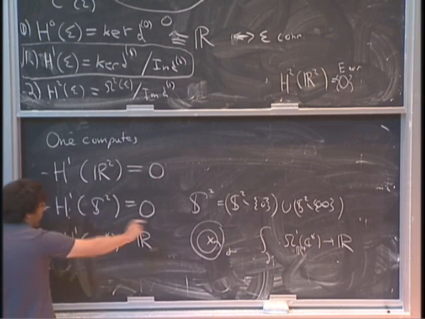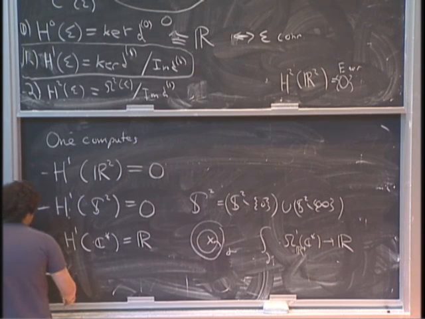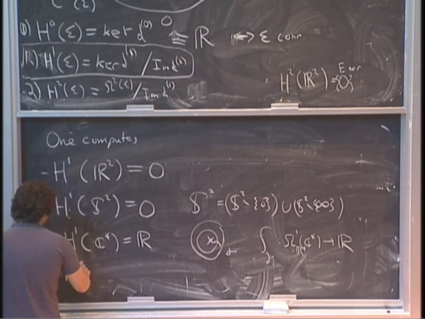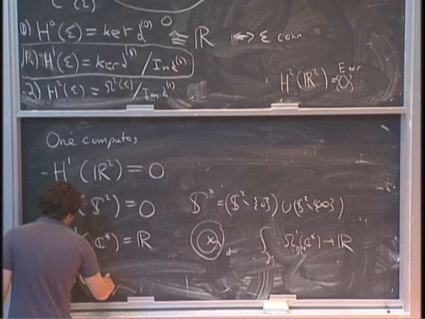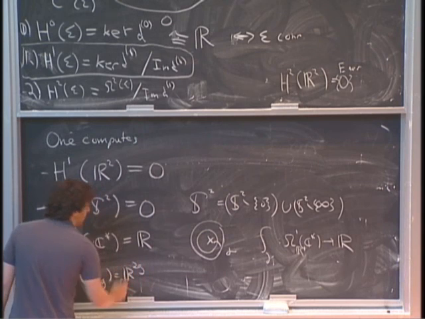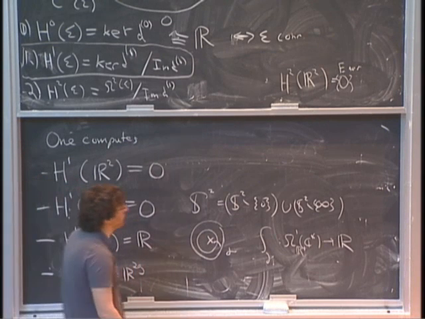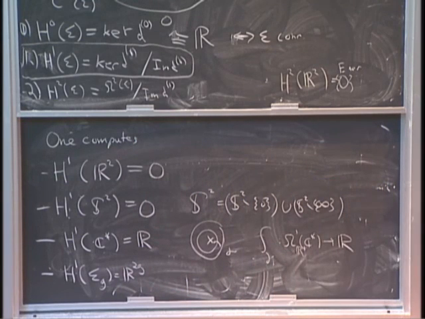Then in general, once you know this fact for the annuli, it's not too hard to convince yourself that H^1 of Sigma_g is equal to R^(2g). So I'm out of time, but let me just draw the picture that should try and convince you of that. And maybe an exercise is to work out the details.